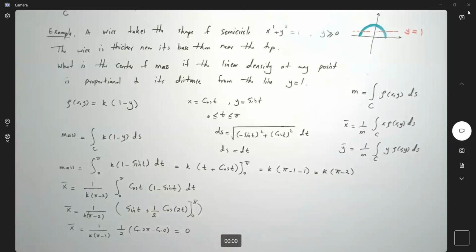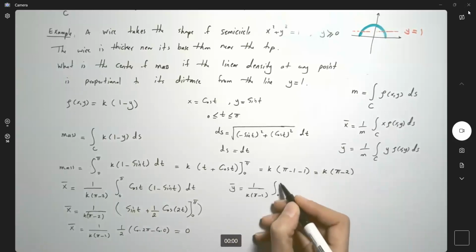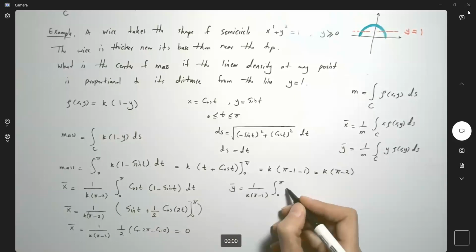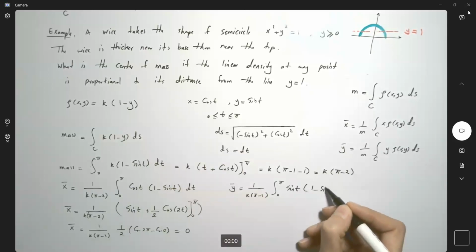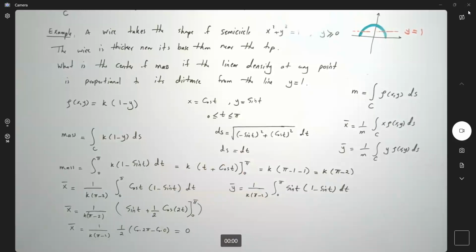Let us find the y coordinate. My y coordinate is equal to 1 over m, so 1 over k times pi minus 2, and the integral from 0 to pi of y, which is sine t, times 1 minus sine t, dt.